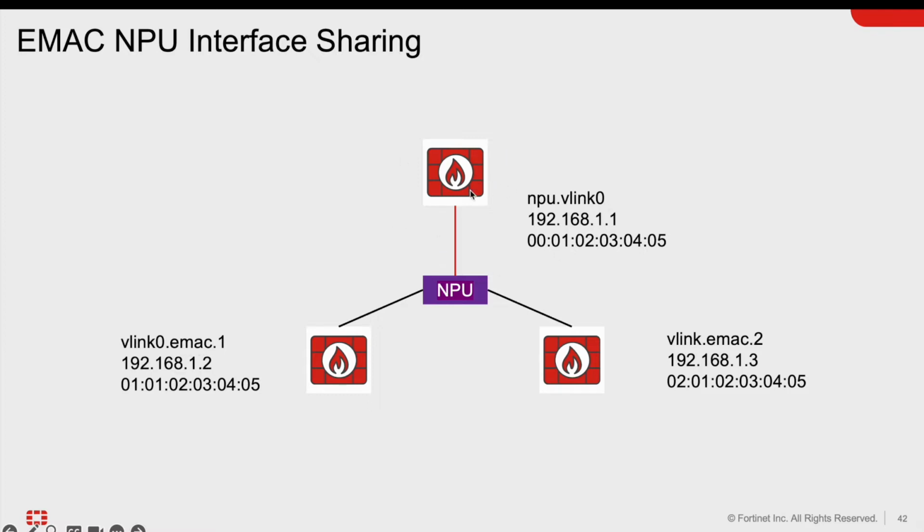So in this case, I'm going to use the NPU, the Network Processing Unit, which is one of two interfaces. And now they're not virtual, they are actually physical, albeit they're internal to the FortiGate. Here I'm using VLink 0 for this example, and I'm using .1 on VLink 0, and whilst VLink 0 is in a VDOM, it can be any VDOM, it doesn't have to be the root.